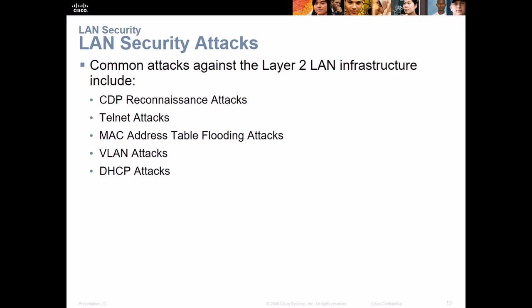VLAN attacks. If you have unused ports on a switch, by default they are set to dynamic. The Dynamic Trunking Protocol is enabled by default on all ports on the switch. What that means is, if somebody connects to it and says I'm going to be a trunk, and sends that information to that dynamic port, the switch will immediately become a trunk.